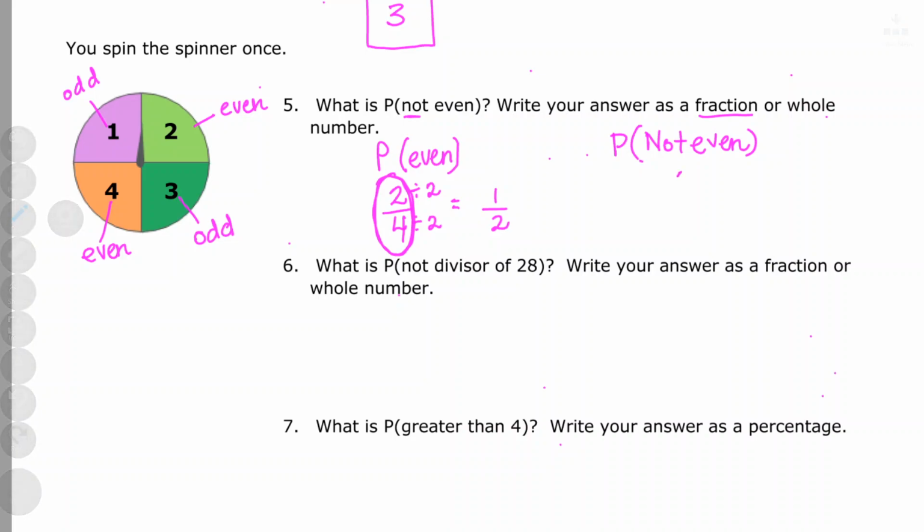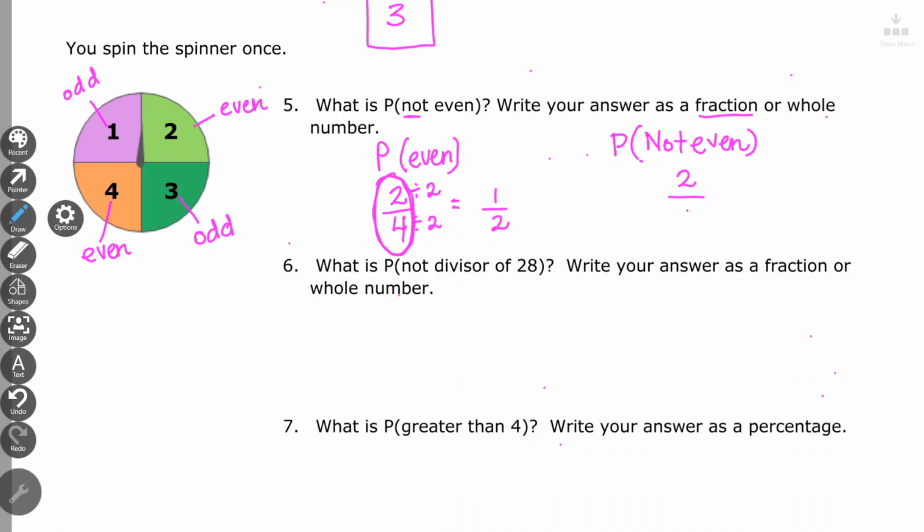There are 2. Out of how many sections are on the spinner? There are 4. So we would still divide by 2, and we would get the fraction 1/2. So half of the numbers are not even. So that would be the probability of spinning not even. A number that was not even would be 1/2.